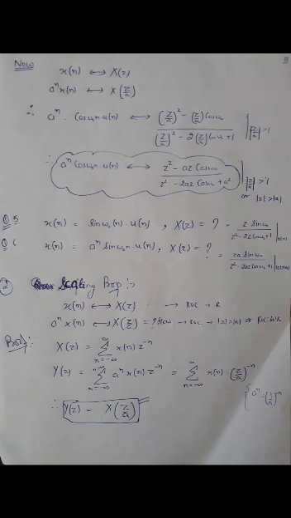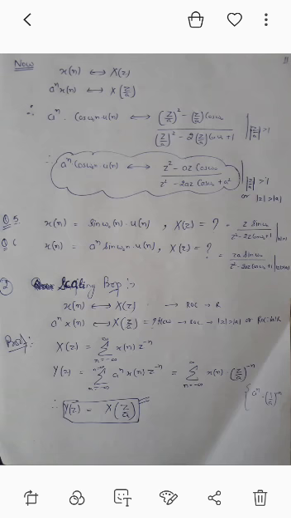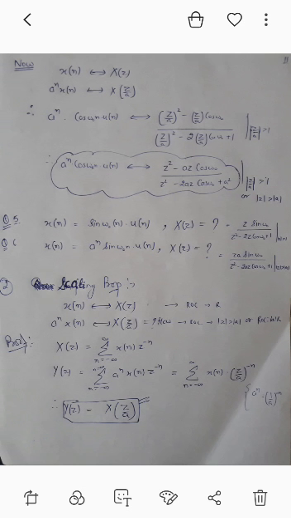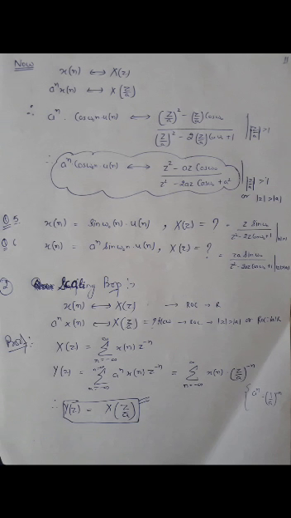So z by a whole square minus z by a cos omega naught upon z by a whole square minus 2 z by a cos omega naught plus 1, or the complete answer will be z square minus a z cos omega naught upon z square minus 2a z cos omega naught plus a square. Now the ROC will also change, because earlier we had mod of z greater than 1. Now z is replaced by z by a, so the ROC is mod of z by a greater than 1, or mod of z is greater than mod of a.